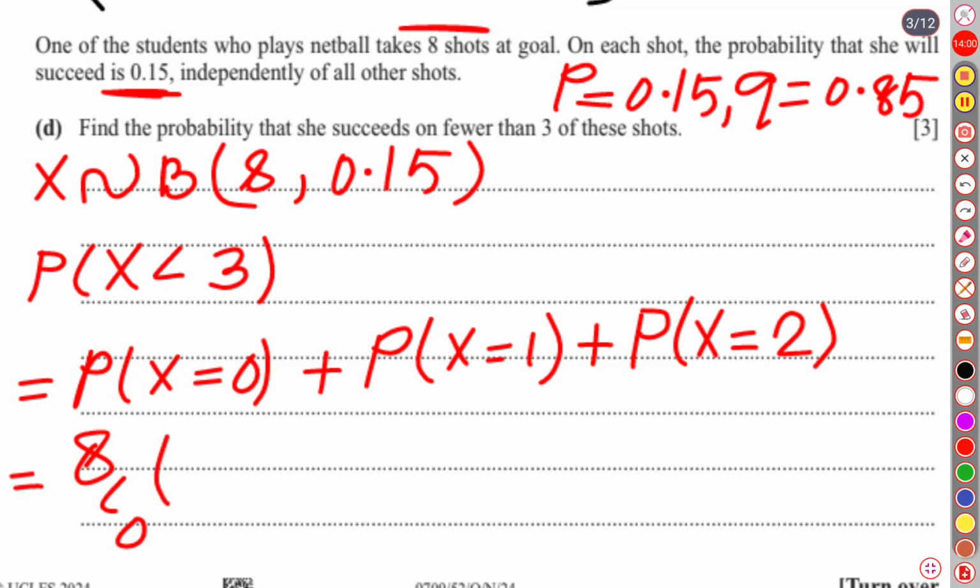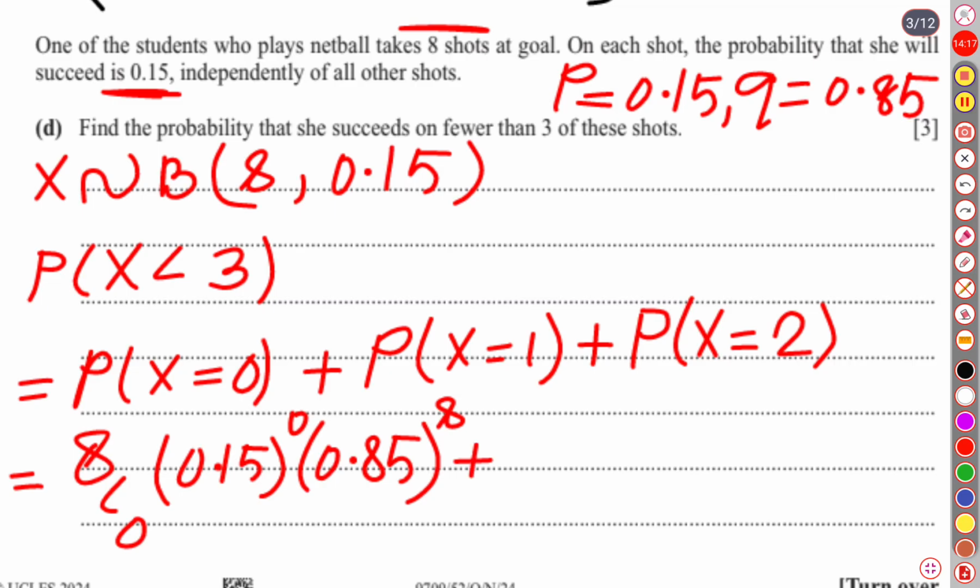Probability, we have already got 0.15. 0.15 0 times, and 0.85 8 times. Well, plus he might get succeeded once. So the probability of succeeding once, and he failed 7 times.